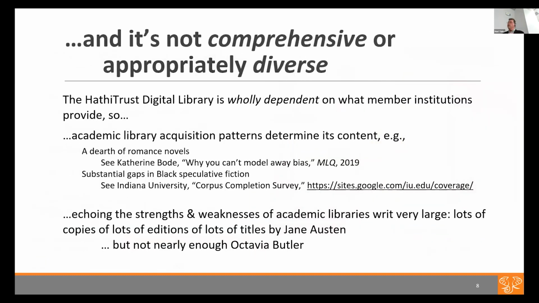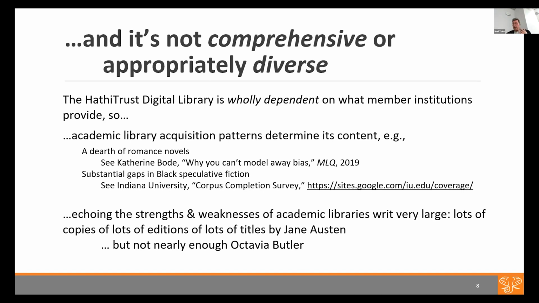So the HathiTrust is not a universal digital library. It really is dependent on the libraries themselves that participate. So it reflects those universities. It reflects the University of Illinois, Harvard, Oxford. University of Michigan has many books in the collection, but it's oriented around what those libraries collected.